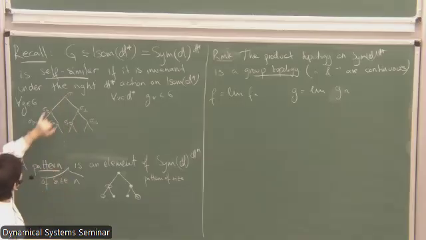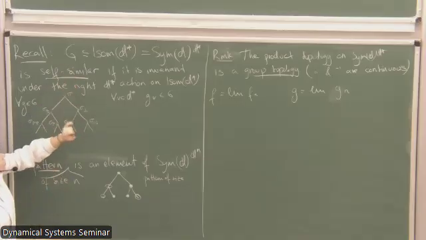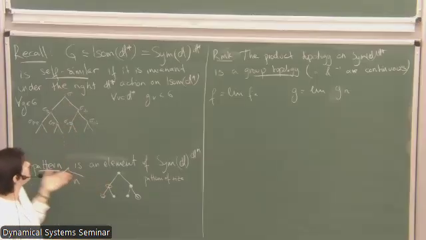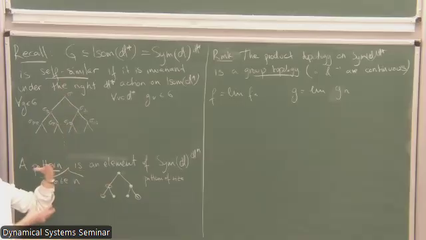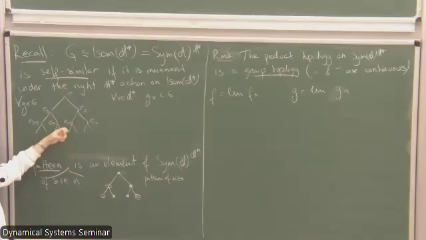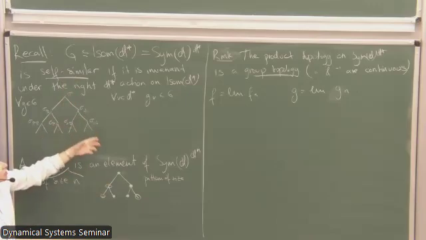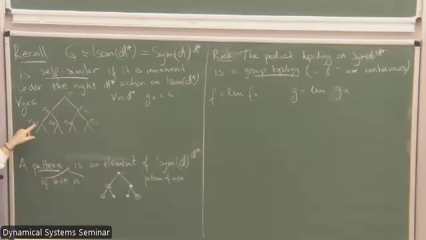We'll say that a group of automorphisms of such a rooted tree is self-similar if it is invariant under the right action of the free monoid d star on the vertices of the tree. What was this action? Suppose that here is my element g. It's got its portrait.